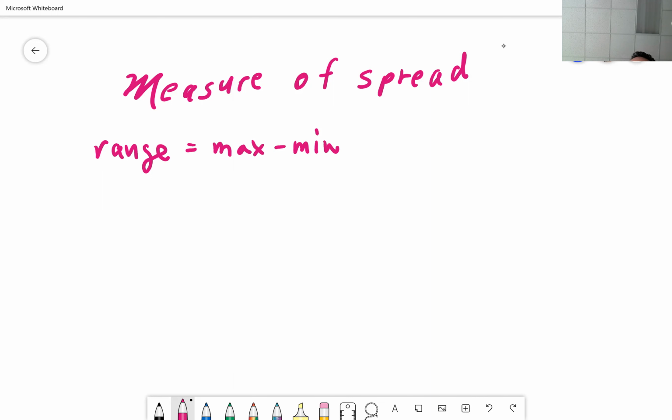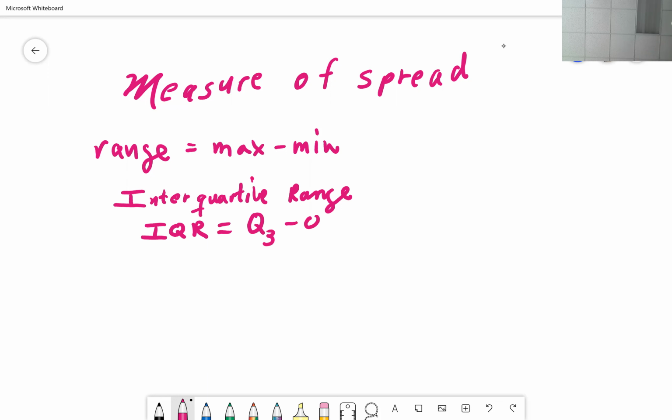Now, the next type of measure of spread is called the interquartile range. And that we just abbreviate. I don't know if this book likes to abbreviate that way, but usually it's IQR. And it's quartile 3 minus quartile 1. You guys don't really know what quartile is, maybe some of you do.